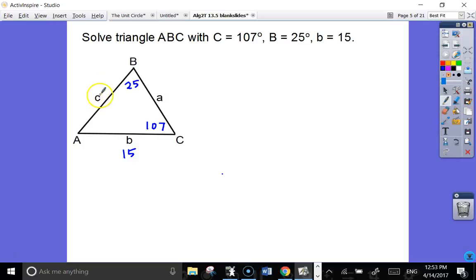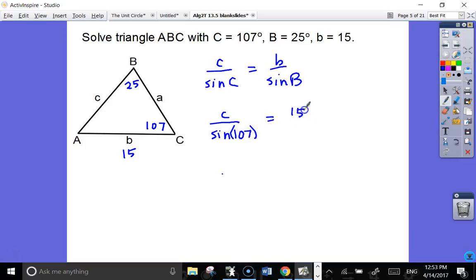We're going to solve for side C first because that's across from angle C. So I would be using this: C over the sine of C equals B over the sine of B. Right, and then I can fill in C over the sine of 107 equals 15 over the sine of 25.